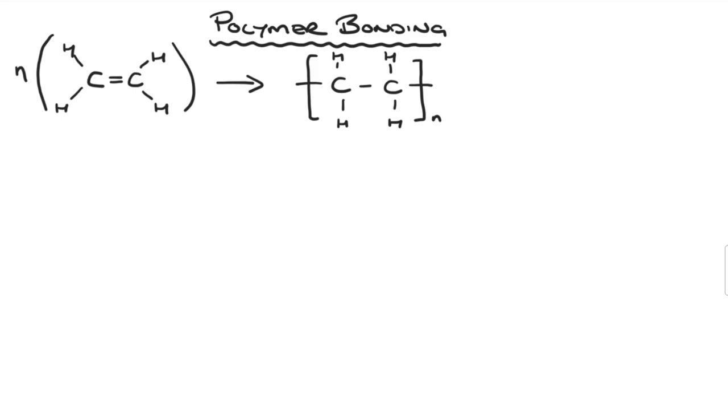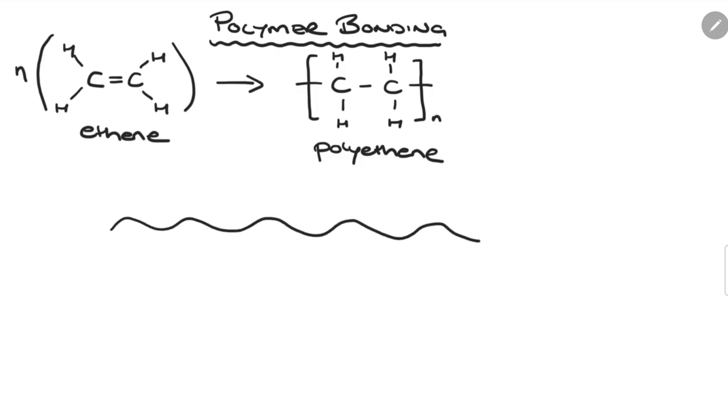And so you would get ethene creating a polyethene molecule. And when we represent these diagrammatically, you may see them simply represented as a long chain molecule.